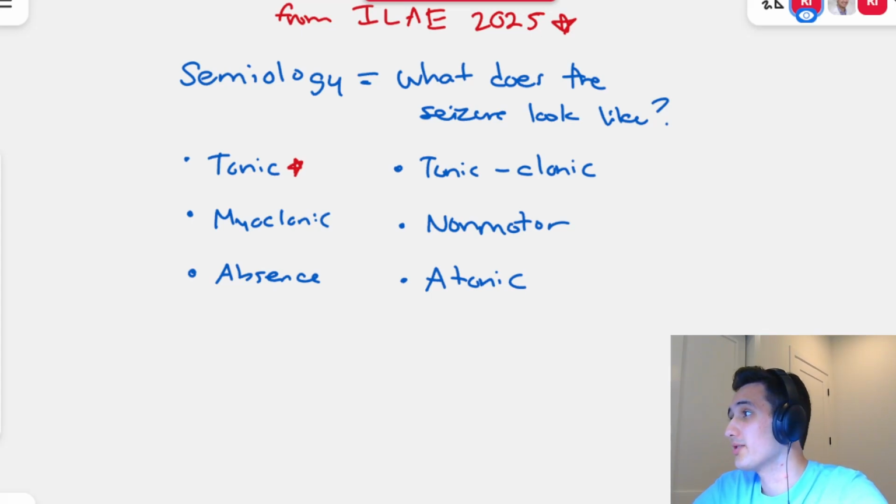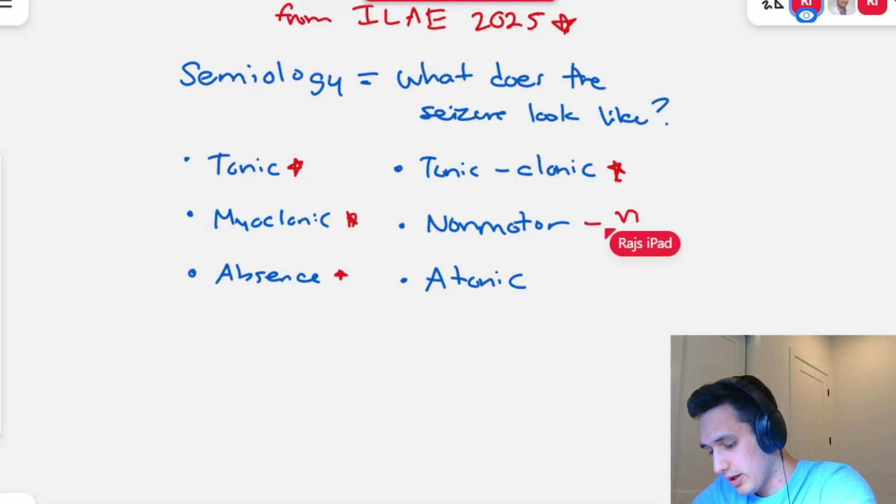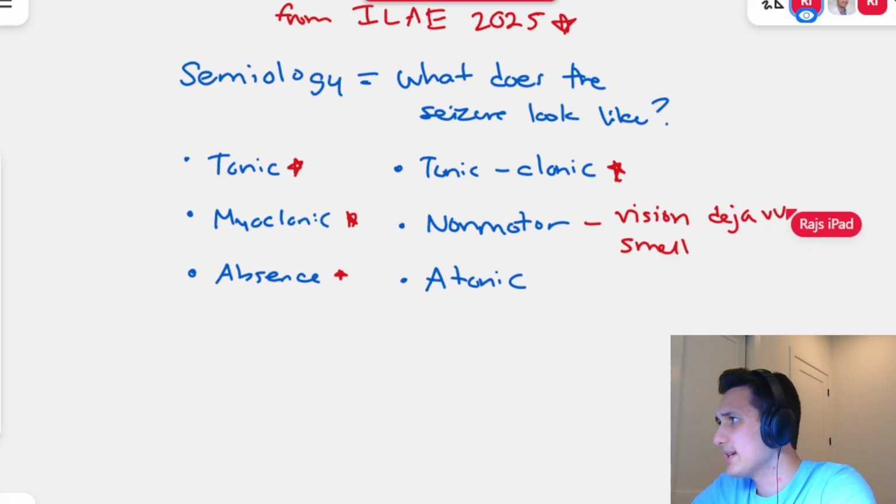Tonic-clonic seizures are the ones that you see in movies, the ones that result in the person falling down, with stiffening and jerking of their whole body, and these are a type of generalized seizure. We can also have non-motor seizures. The ones described so far typically involve muscle groups, but you can also get non-motor seizures in which there can be vision abnormalities, smell abnormalities, a sense of deja vu or impending doom.